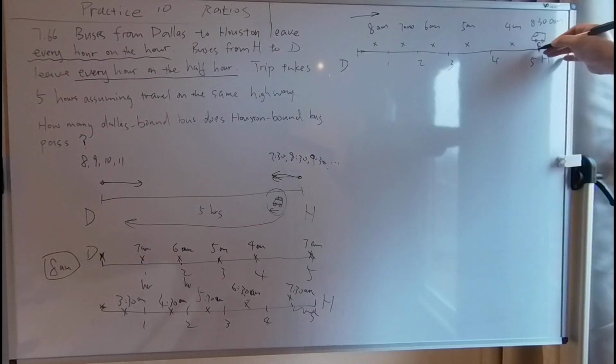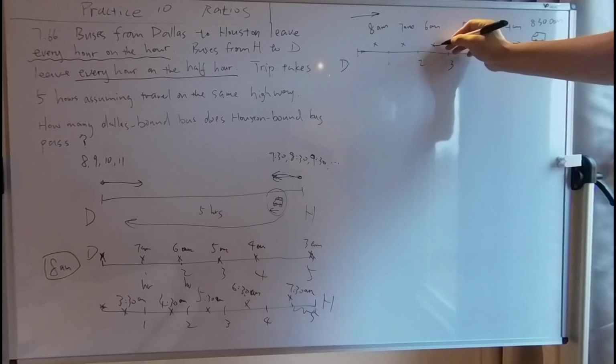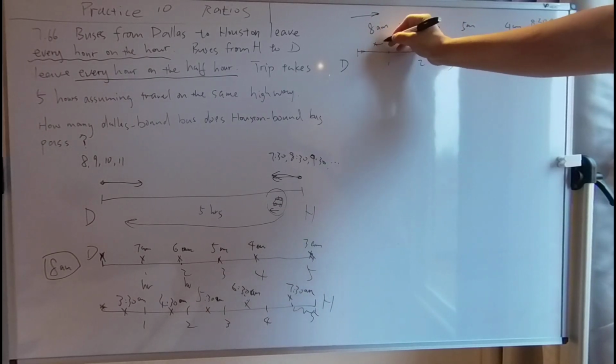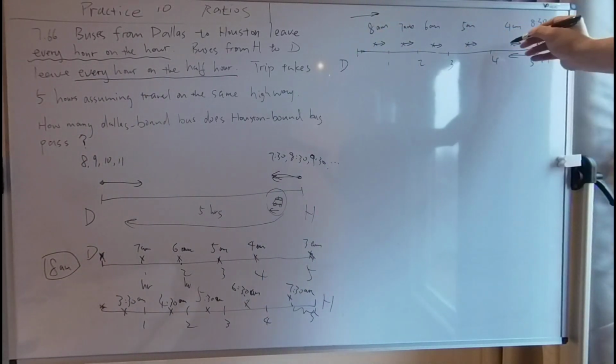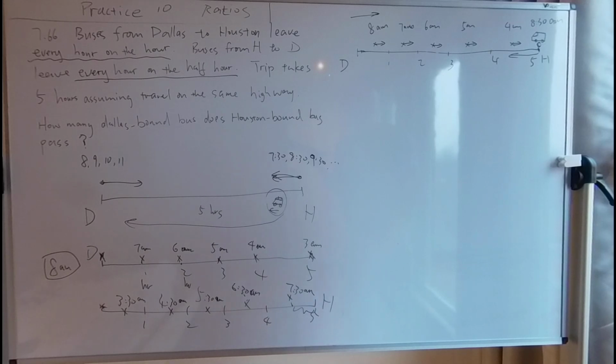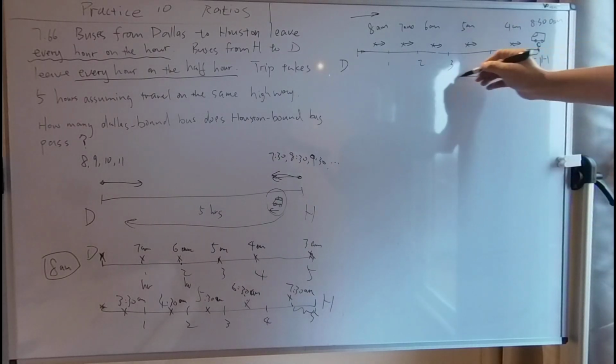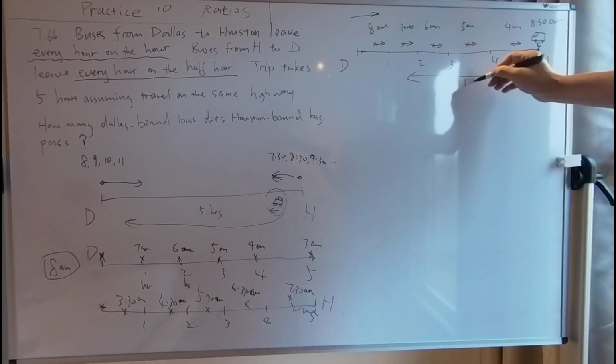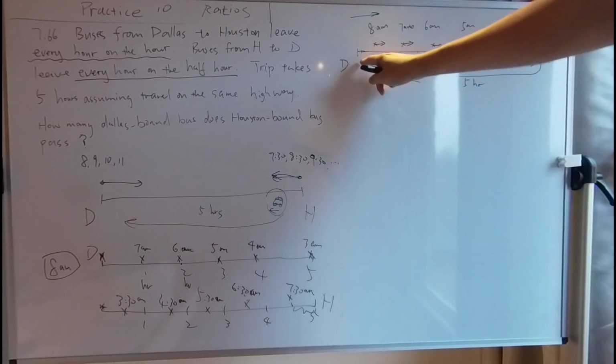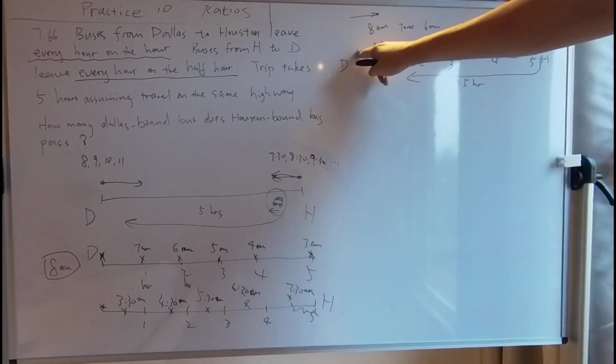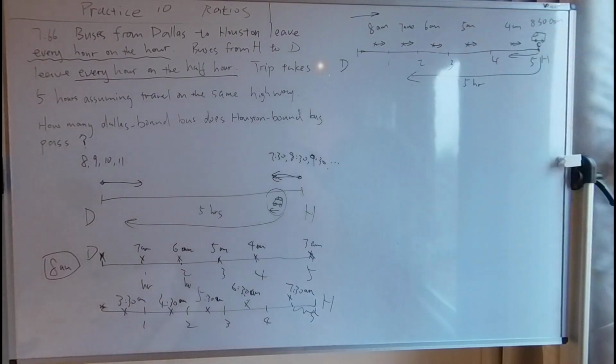So if you start traveling this way, and all such buses will travel that way, you will at least meet those 5 buses, right? And then as time goes by, as you are traveling, you need to spend 5 hours for the total journey. So during your traveling, there will be buses keep departing, right?